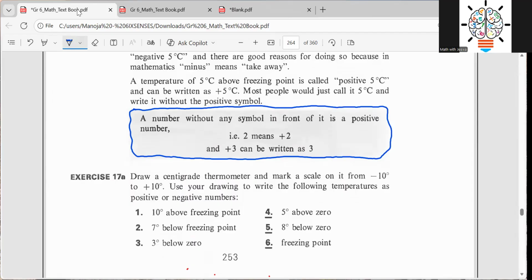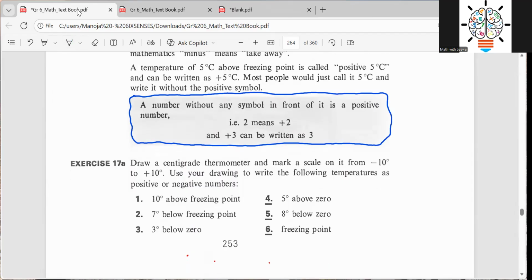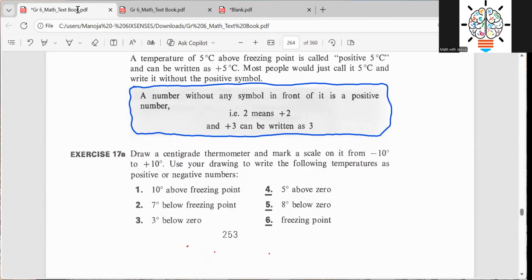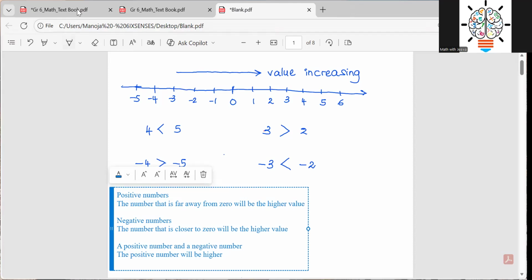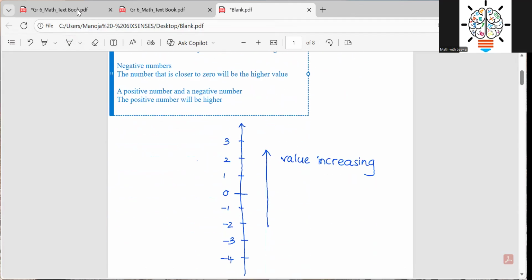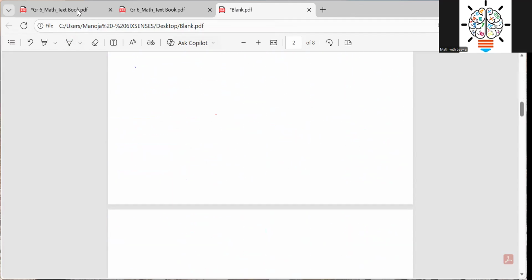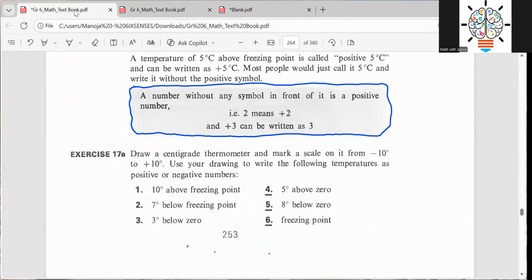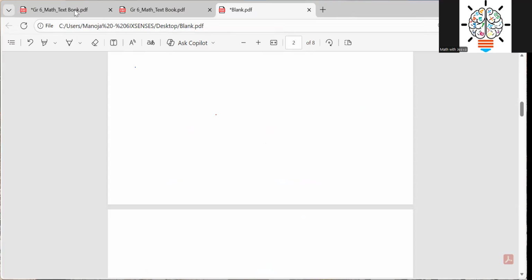Now here they have given you a few scenarios. Draw a centigrade thermometer and mark a scale on it from negative 10 to positive 10. What you are supposed to do, children, is draw this thing. So I have to go for the vertical one.